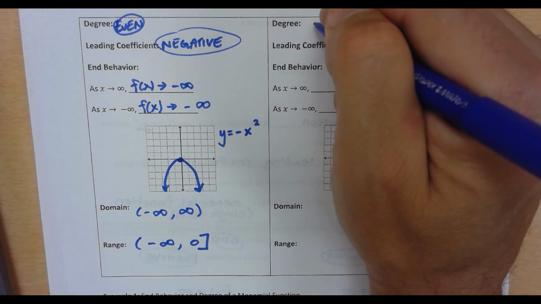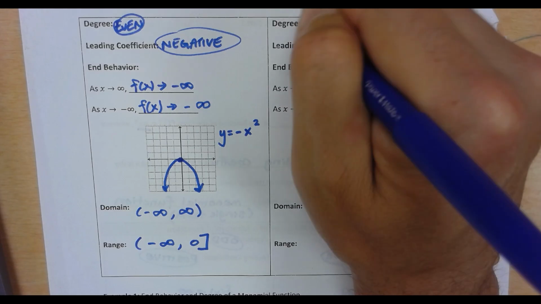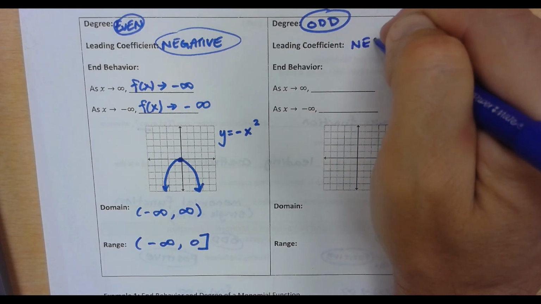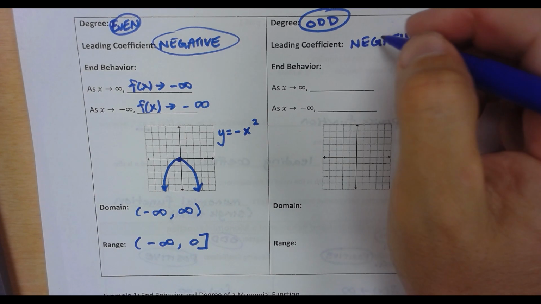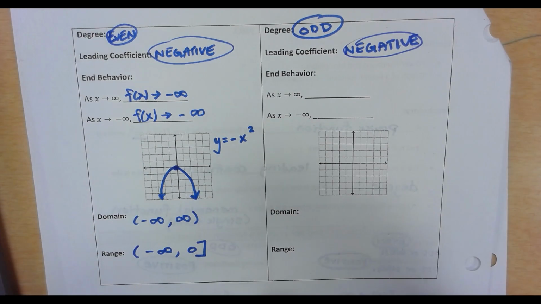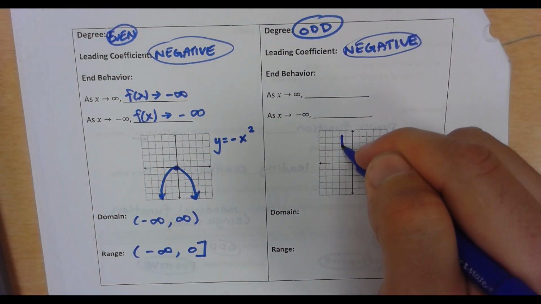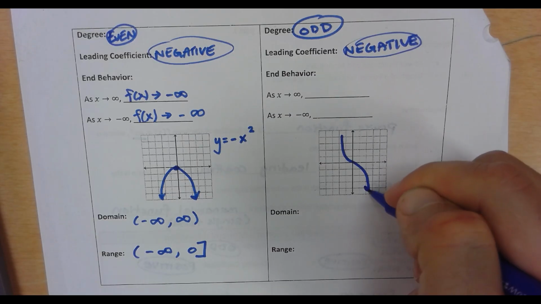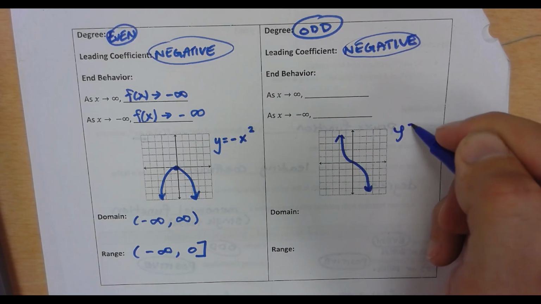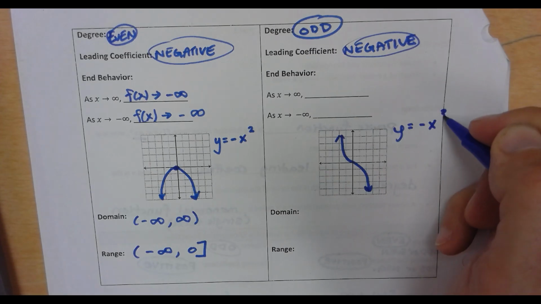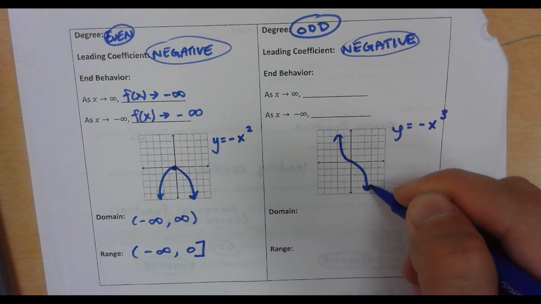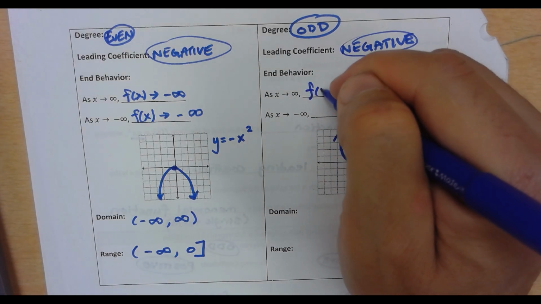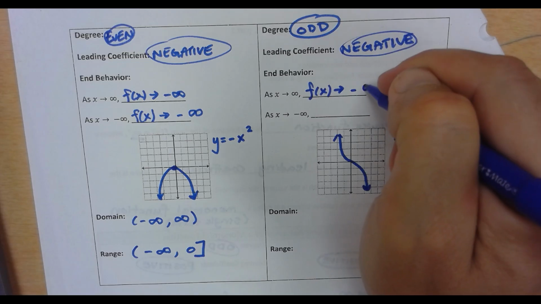Let's look at odd negative. All right, so odd negative is going to look like this. Example would be y equals negative x cubed. So as x approaches infinity, as x gets bigger, y gets smaller, so f of x approaches negative infinity.